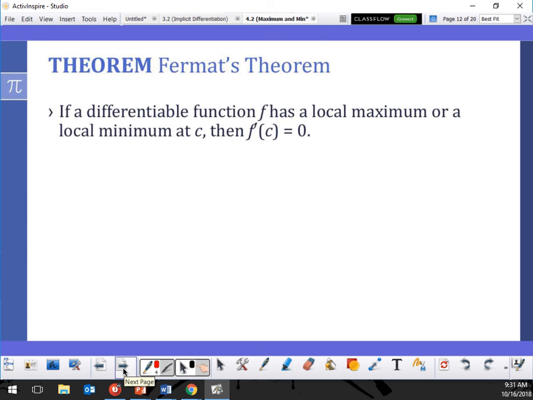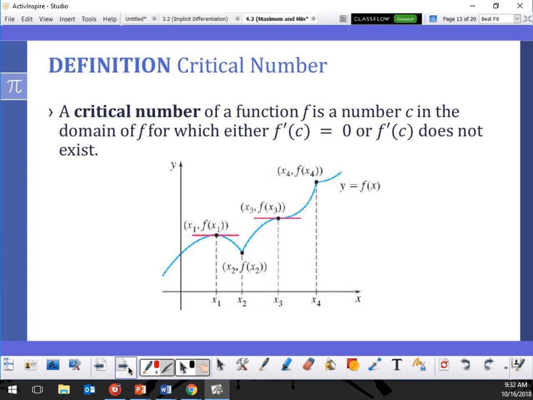If it's differentiable and takes a local maximum or minimum at c, then the derivative equals 0. So we have critical numbers here. I have this point right here where the slope is 0. I have two places here where the slope is equal to 0.